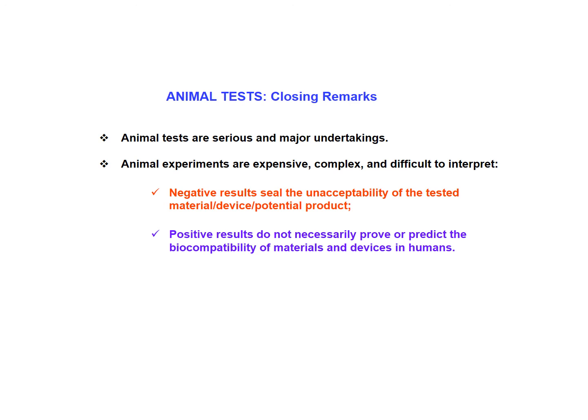All of these are very good arguments, but in order to complete the evaluation of the biocompatibility of implant materials and devices, these tests are needed in the order that we described, starting with in vitro experiments, continuing, if they are successfully completed, with animal tests, and if those are successfully completed, moving on and addressing clinical trials.